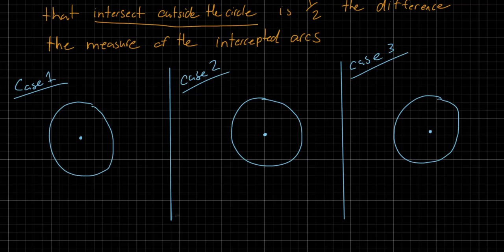I want to see how you want to sketch it. Intersecting outside the circle. No longer inside, outside. It's only 90 if it's a tangent.